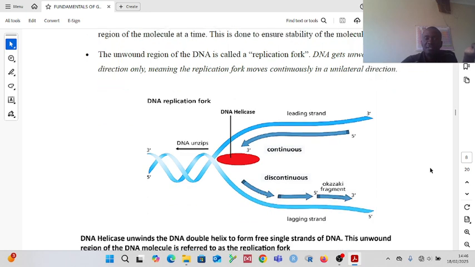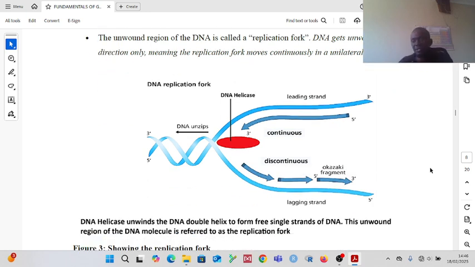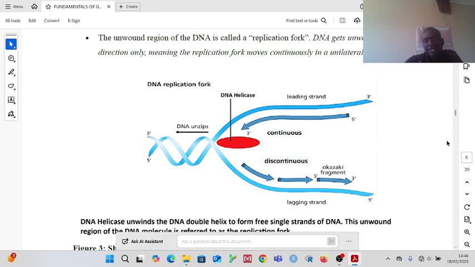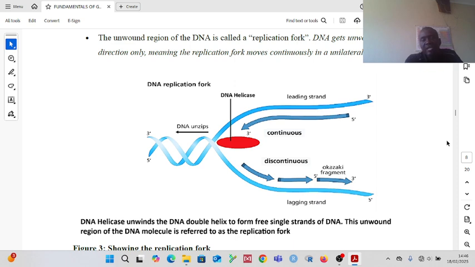Let's look at this diagram that you are seeing, figure 3. The DNA helicase is represented by this red coloration. As it continues to unzip, as shown by the arrow on the diagram, we now create the two strands which are single-stranded.